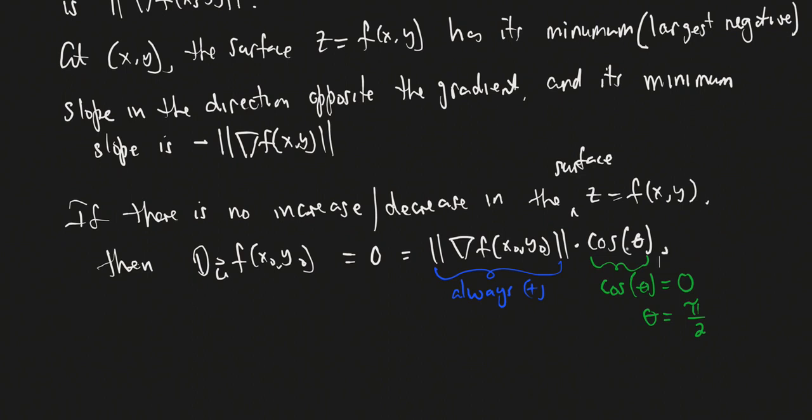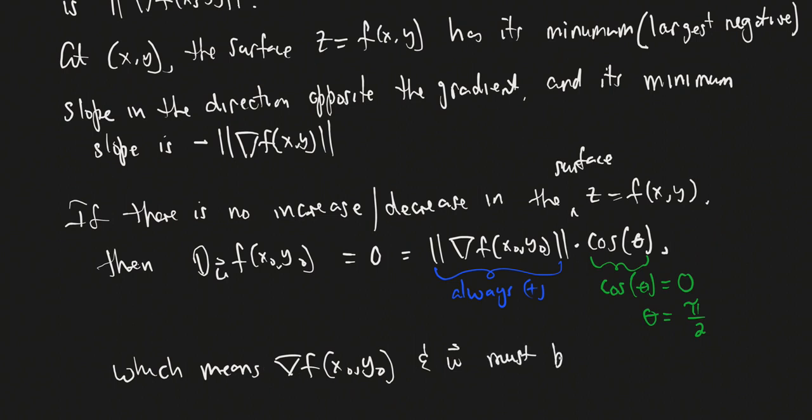So I'll write that down here, which means the gradient at that point, oh, I forgot my y. Let's fix that. So my gradient at that point and my direction vector must be orthogonal. So they must be at 90 degrees.